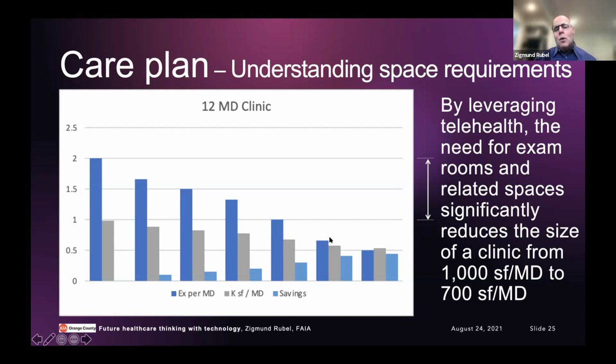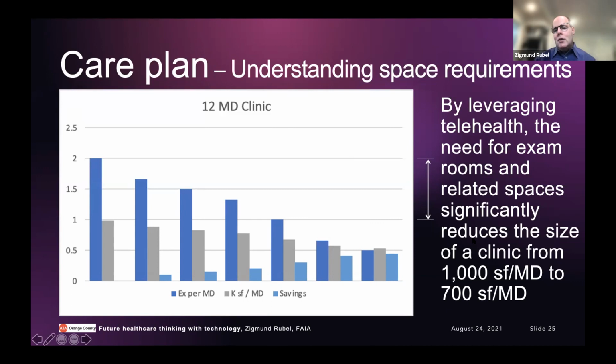And the reason why this is relevant is that telehealth impacts the number of exam rooms. And the common belief with telehealth is that at least 1/3 of the patients can be seen over the phone after their first encounter with the doctor as they're doing maintenance.